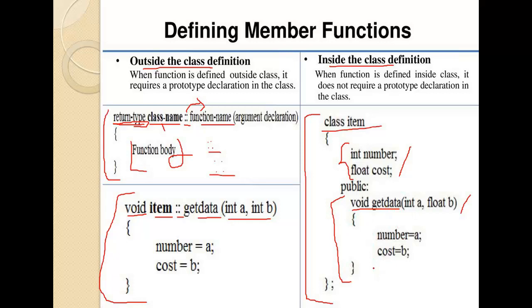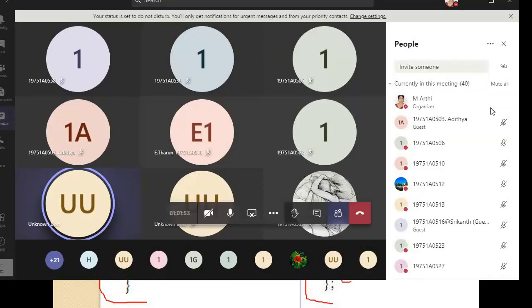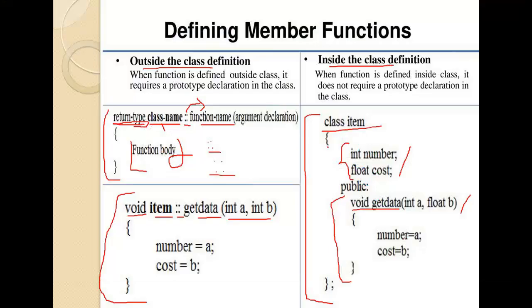So void get data int a comma float b, within curly braces I have given everything here itself, the function body, right? This type of member function definition will be called defining the member function inside the class definition part. Is it clear up to this?